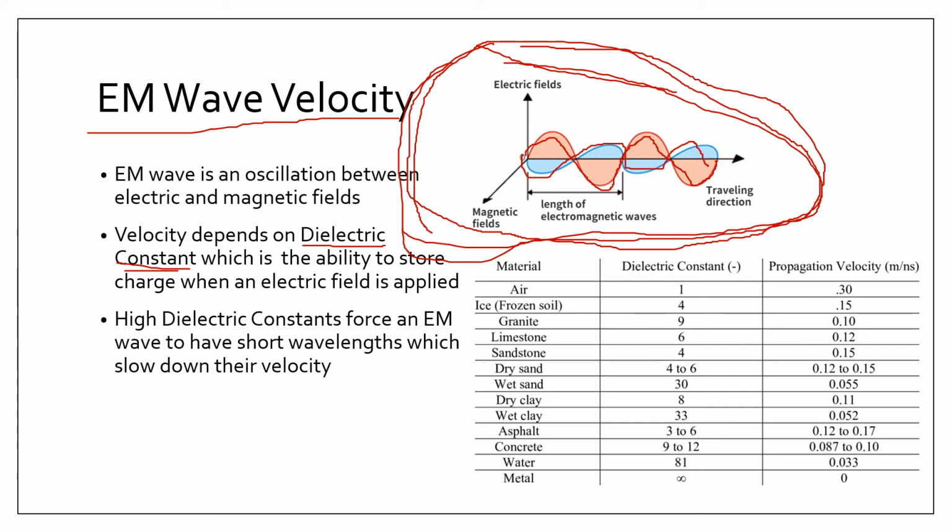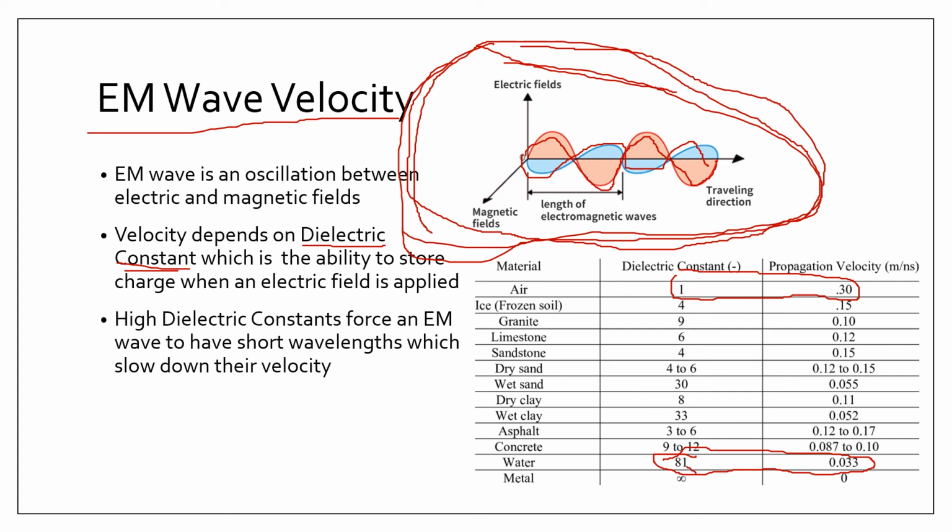Now, air has a dielectric constant of 1, and it can have one of the fastest propagation velocities of EM waves, while water has a very high dielectric constant of 81 and has a slower propagation velocity, one-tenth that of air.